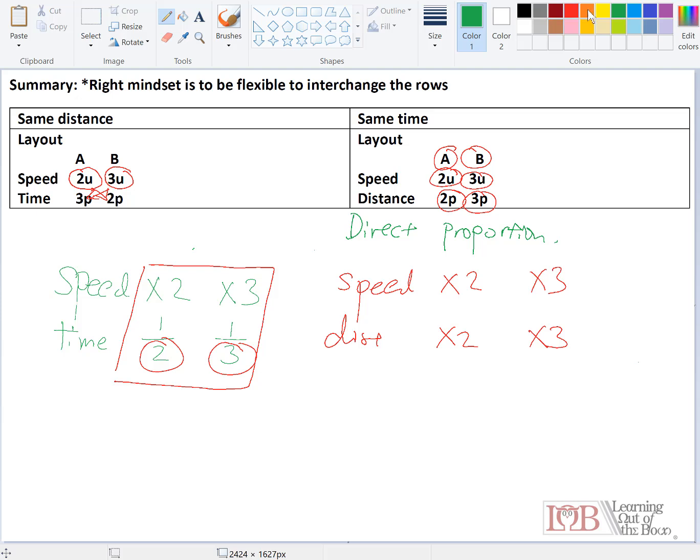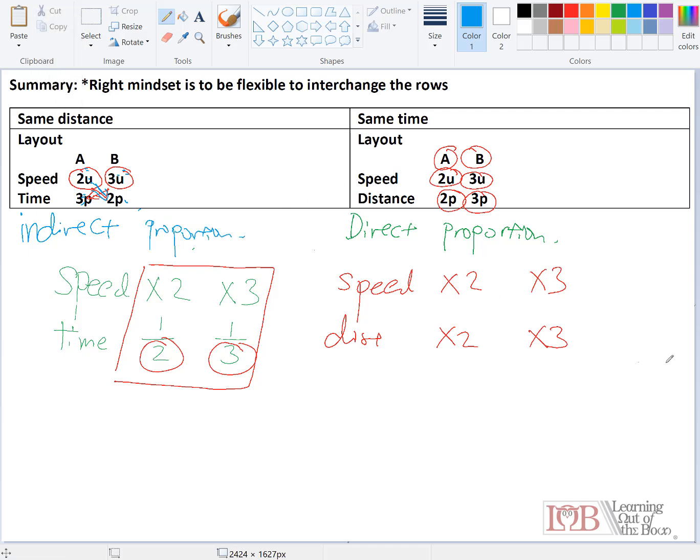And for the same distance, when you compare speed and time, the numbers swap. Okay, like if this is 2:3, this will be 3:2. If this is 3:4, it will be 4:3. If this is 4:5, this will be 5:4. So this is what I meant. Okay, so this is indirect proportion.